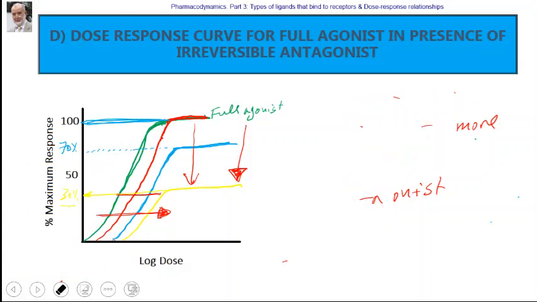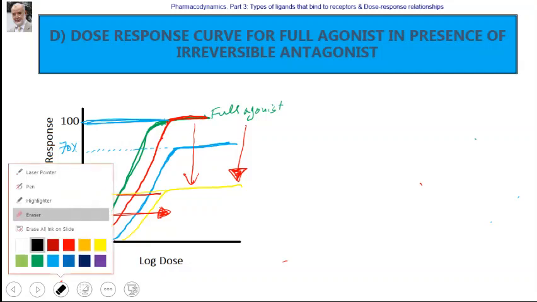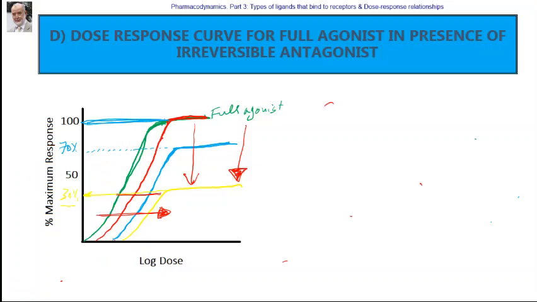I will choose competitive antagonism. Therefore, most drugs which are used clinically are competitive antagonists. Why is competitive antagonism better?